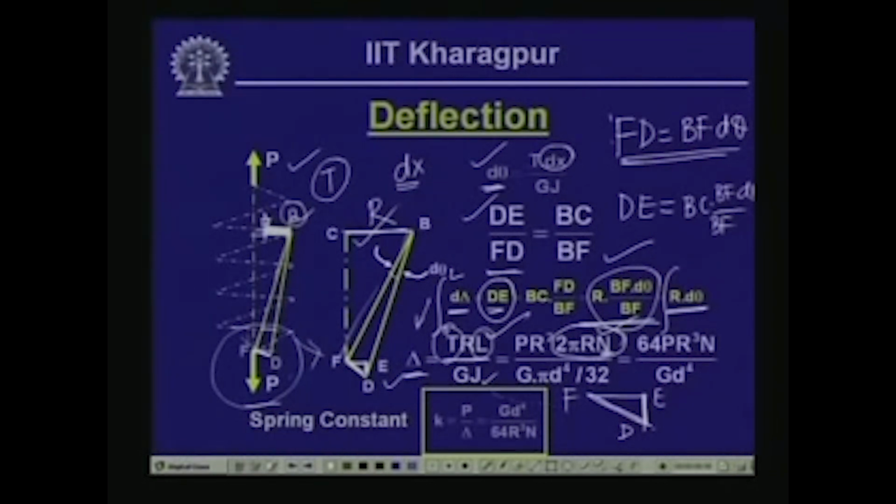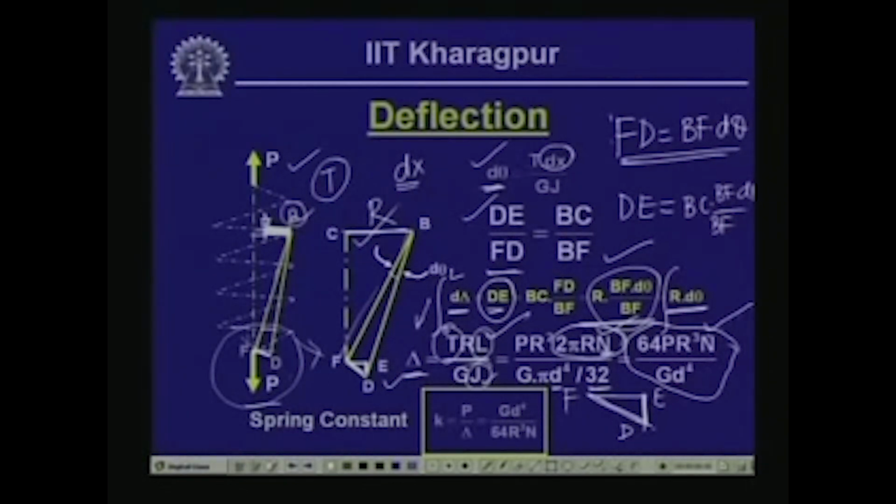And J, as you know, is the polar moment of inertia of the wire of the spring, and the diameter of the wire is small d, so this is pi d to the power 4 by 32. If we substitute these values, we get the value of delta as equal to 64 P R cube n by G d to the power 4.